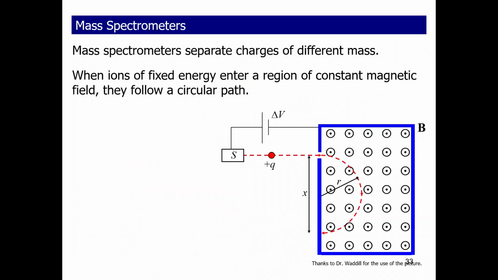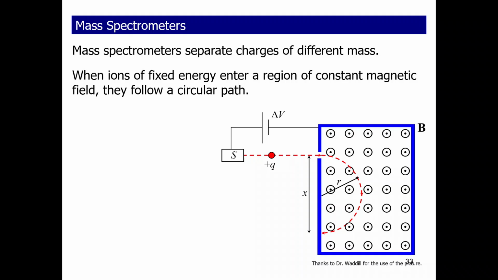So these velocity selectors are often paired with mass spectrometers. Mass spectrometers are used in chemistry and biology and all sorts of different types of sciences in order to determine the unknown compounds. In particular, the mass spectrometer that we're going to look at would be able to find the mass of an ionized particle.